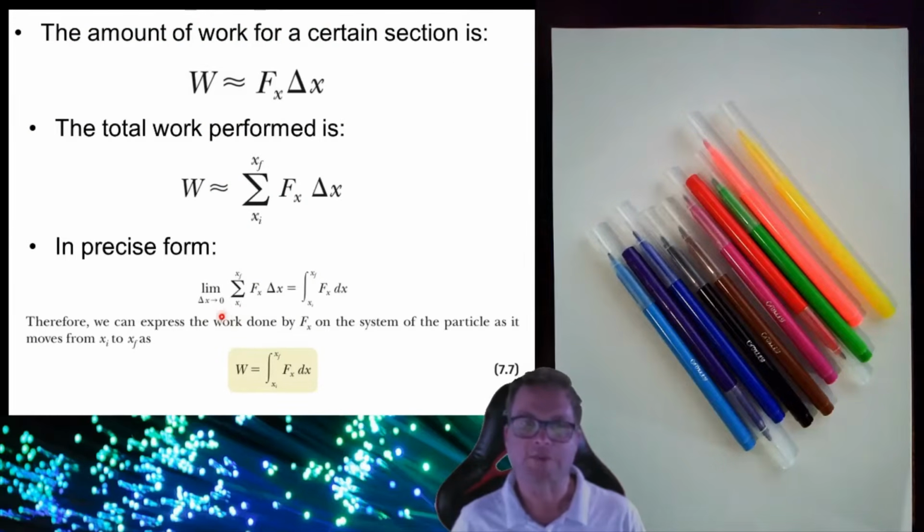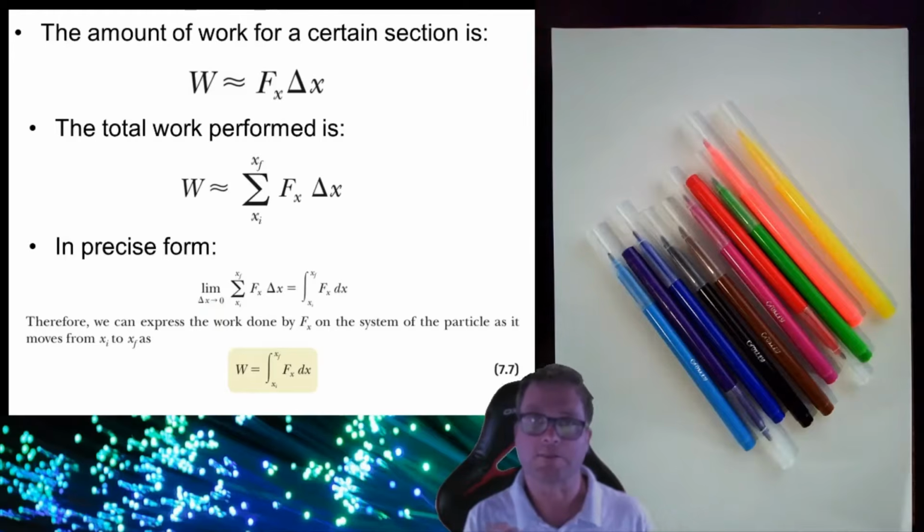More precisely, we want the limit of delta x tending to 0. And this notation is something that we saw before when we were dealing with derivatives. And the reason why we want this delta x to tend to 0 is we want these little blocks to be as narrow as possible.